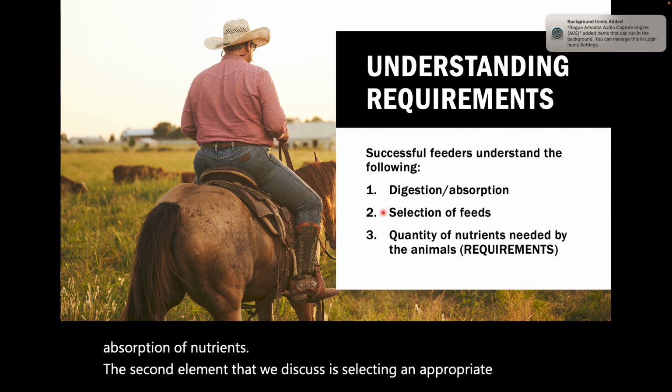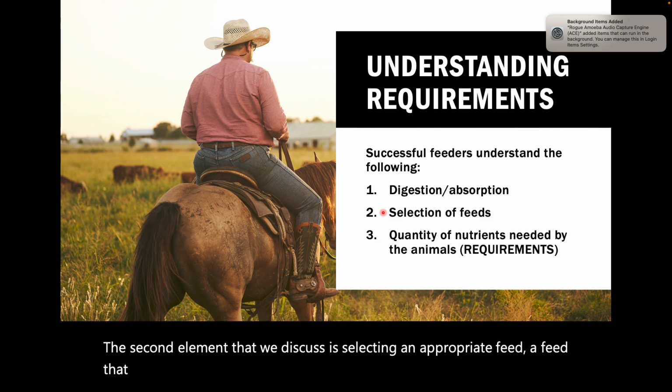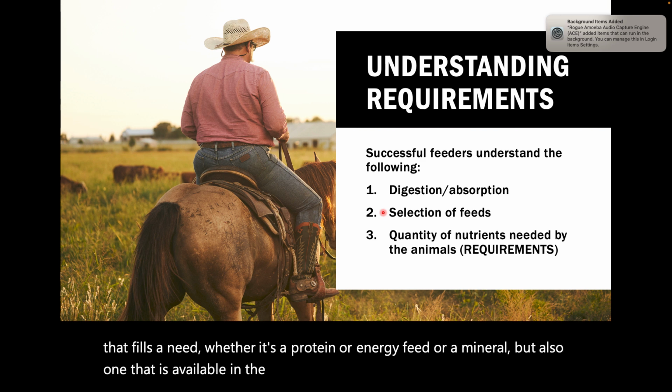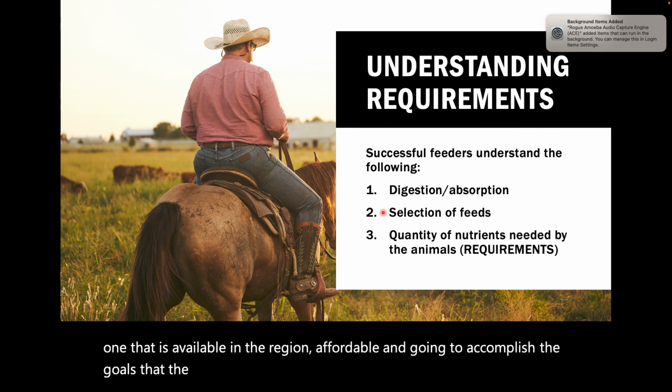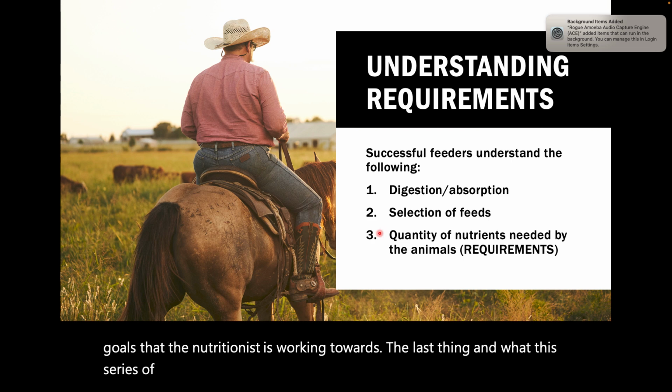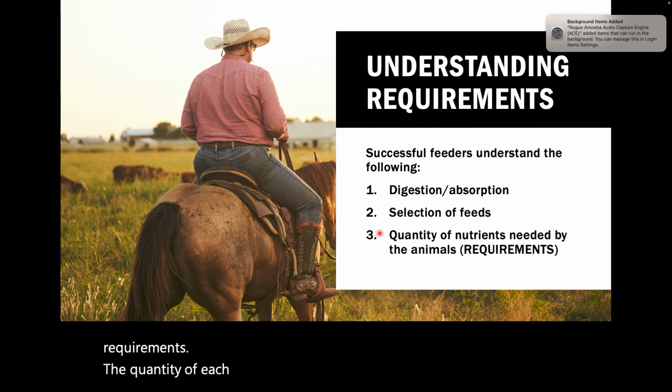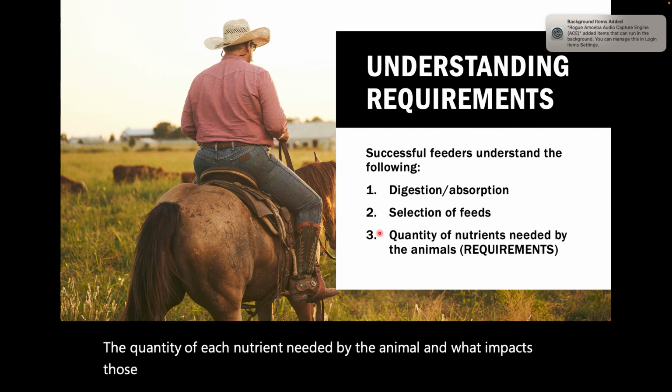A feed that fills a need, whether it's a protein or energy feed or a mineral, but also one that is available in the region, affordable, and going to accomplish the goals that the nutritionist is working towards. The last thing and what this series of videos is specifically going to address is animal nutrient requirements, the quantity of each nutrient needed by the animal and what impacts those requirements and what we need to adjust for as nutritionists.